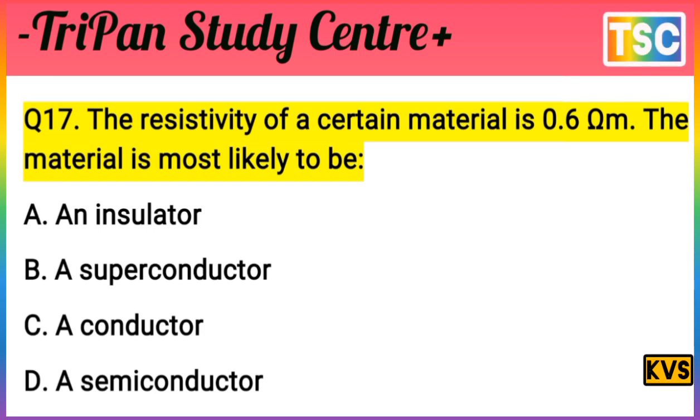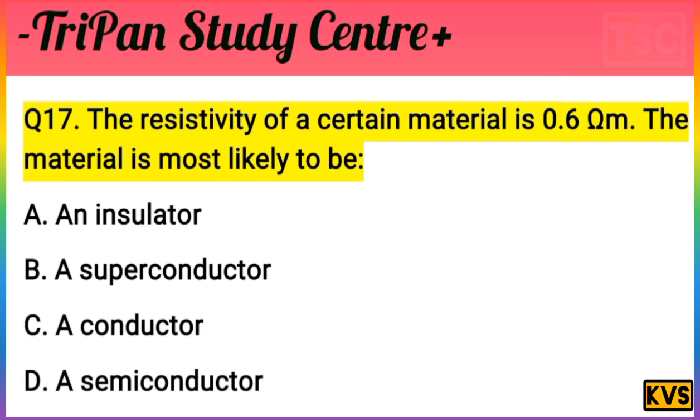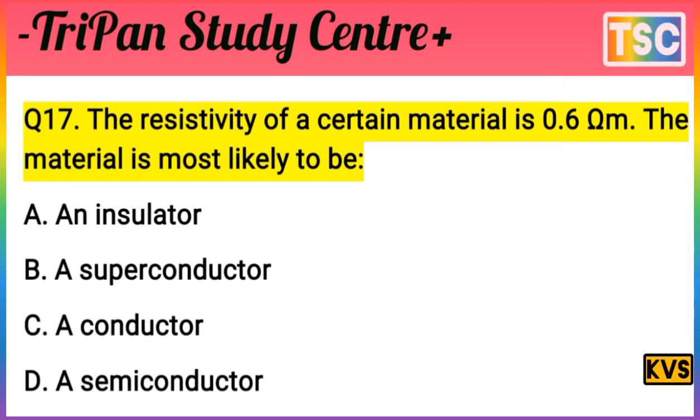The material is most likely to be A, an insulator, B, a superconductor, C, a conductor, D, a semiconductor. The question is clear here. The resistivity of the material is 0.6 ohm meter. The material is most likely to be.